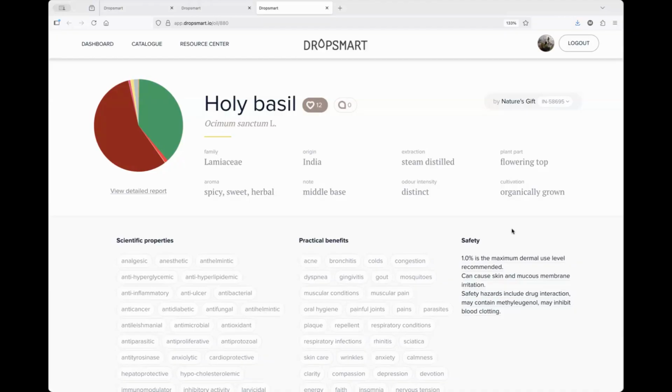And we often forget that what comes in the bottle is very different than the herb itself. It is distilled, and a lot of molecules don't come through in the distillation. So they're used very differently. Holy basil tea has very different properties than the essential oil.